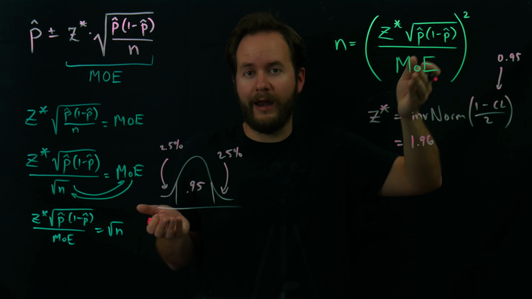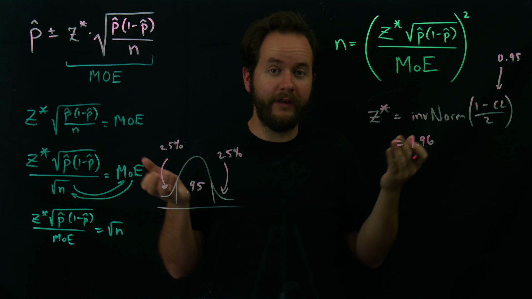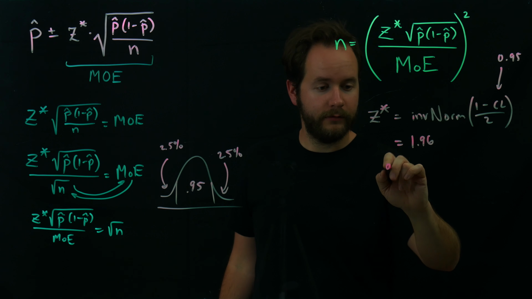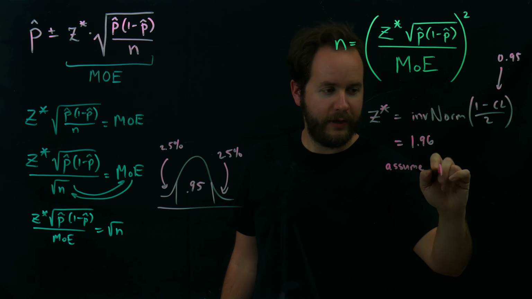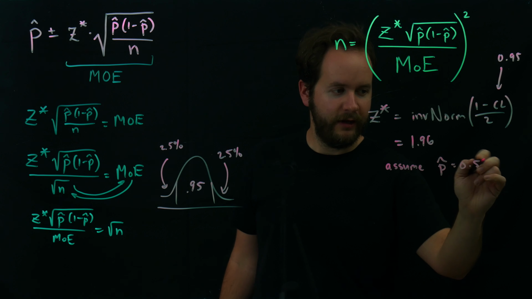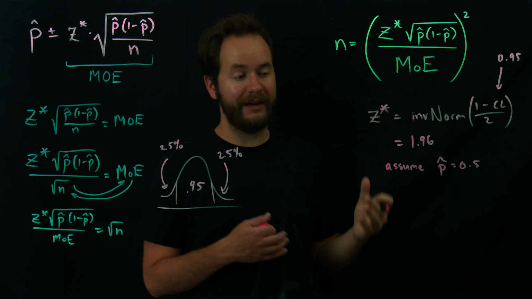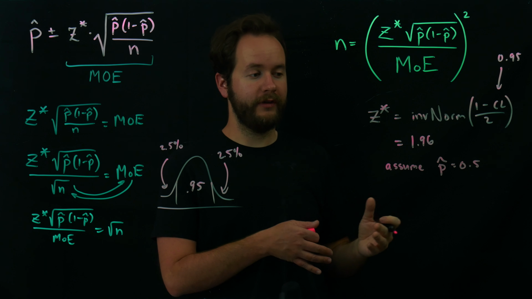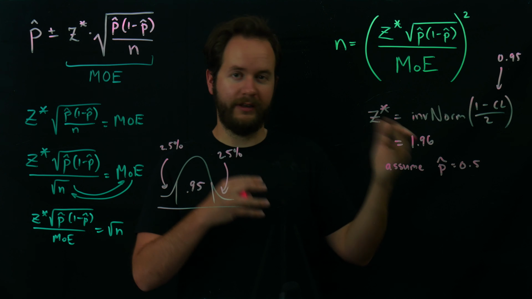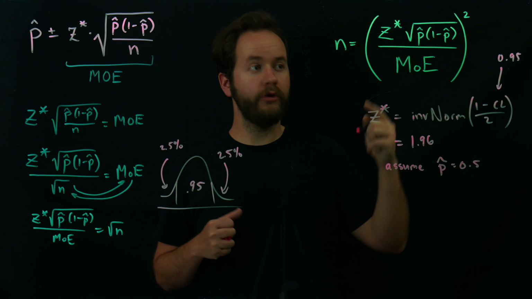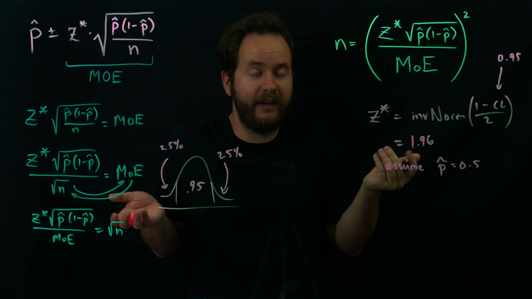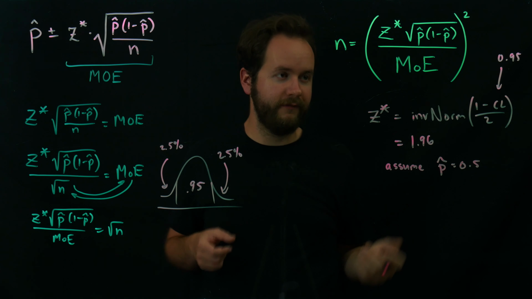We weren't told that a certain percent of people said yes or no. So when this happens, you have to assume p hat is 0.5. If you aren't told something about the original percentage, like perhaps that we suspect the sample will produce results somewhere around 40% or 60% or whatever range, then you'll use that value of p hat that they give you. But in this case, we didn't get a value of p hat, so we use 0.5.